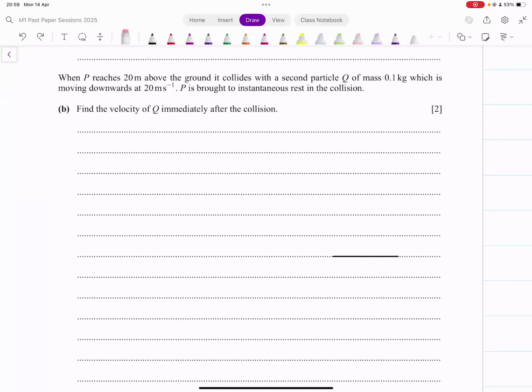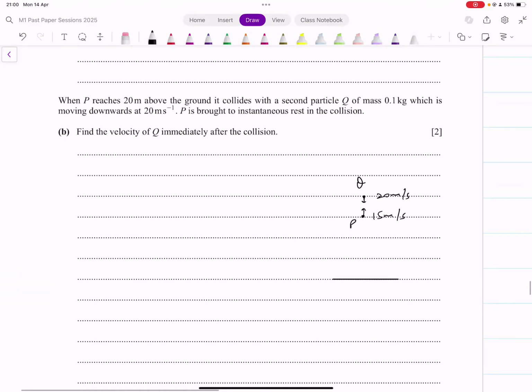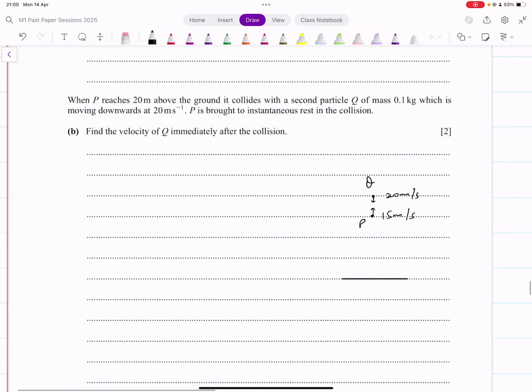So let's just forget about this. Let's say P was here and Q was also here. Q is moving downwards at 20 meters per second and P was moving upwards at 15 meters per second. P is brought to instantaneous rest in this collision. Find the velocity of Q immediately after the collision.